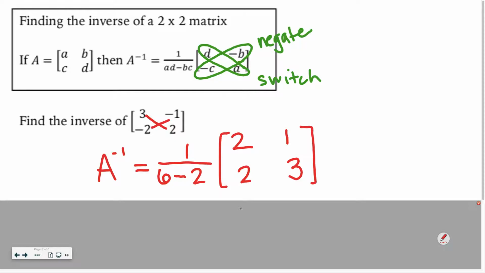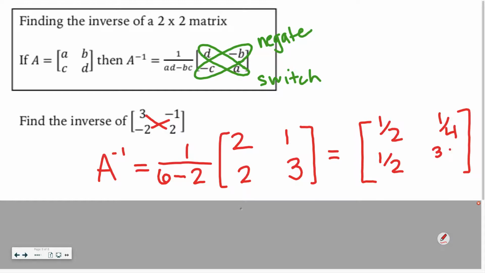We have 1/4 times this 2 by 2 matrix. Just like we did Friday, we're just going to multiply it through to each entry. So we have 1/4 times 2, 1/4 times 1, 1/4 times 2, and 1/4 times 3.